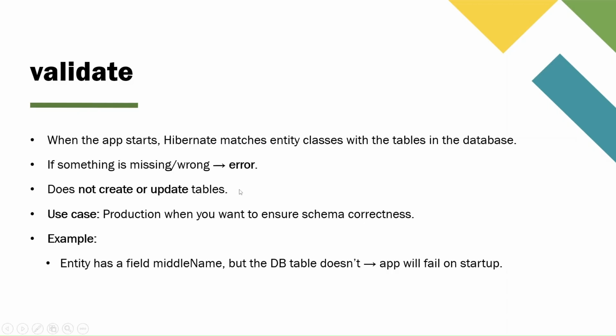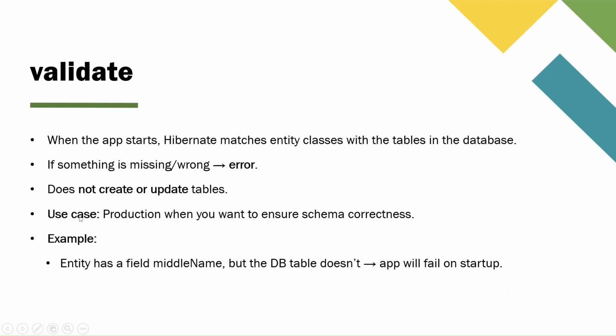It does not make any changes, which we verified by changing the property name in our entity. We changed the length, unique, true, false. We did those things, but they were not reflected in our database. So validate does not create or update the tables, and this point is also clear.